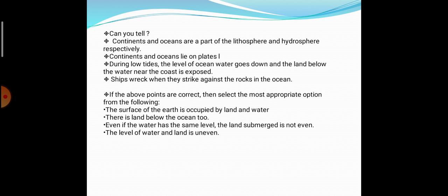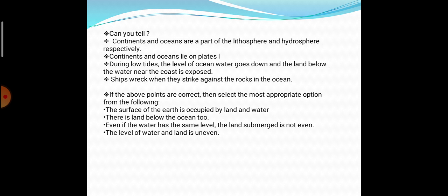Now, during low tide, the level of ocean water goes down and the land below the water near the coast is exposed. Why does this happen? We know how low tide and high tide occur. The lowering of the sea level is called a low tide. It occurs in the area where the sea water has shifted to the areas experiencing high tide.